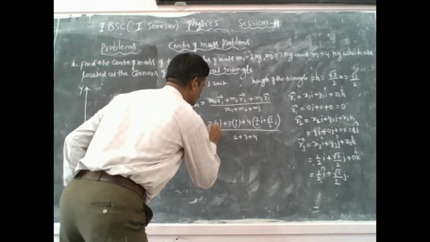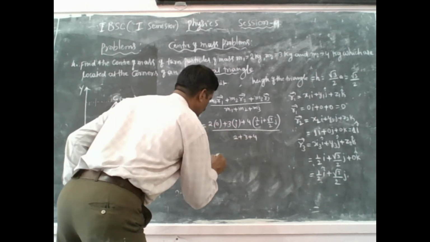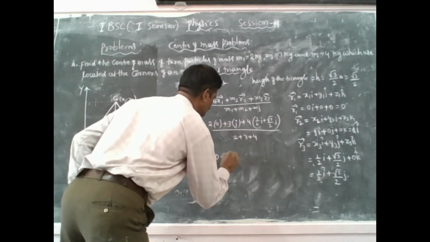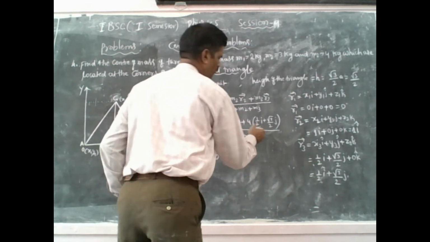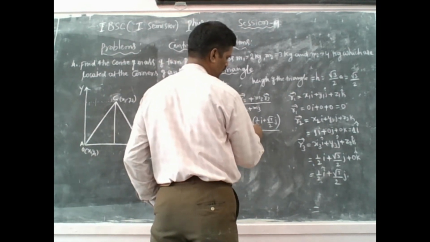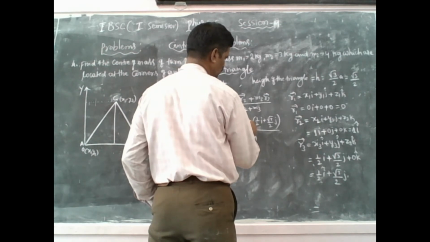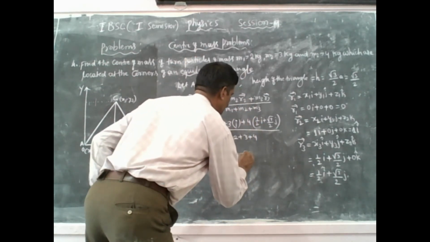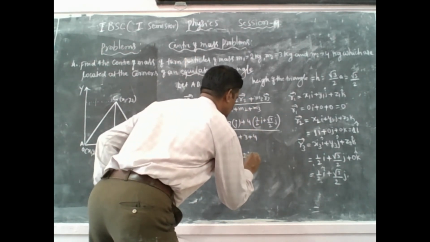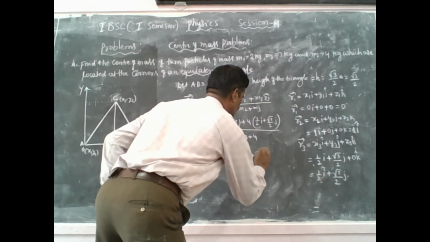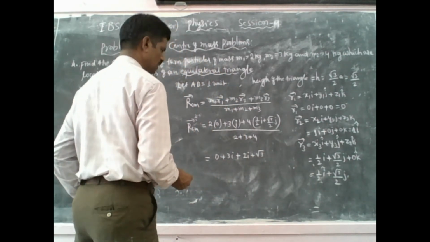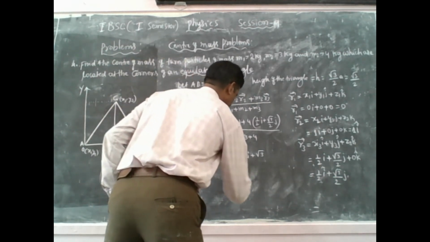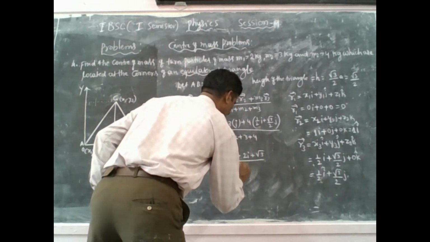Therefore 2 into 0 equals 0, plus 3i, plus, so we can get common, 2 into 2 ones are 2, 2 twos are 4. Therefore 2i plus root 3, isn't it? 2i plus root 3 divided by 9.